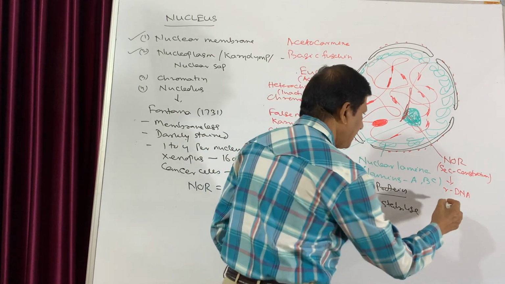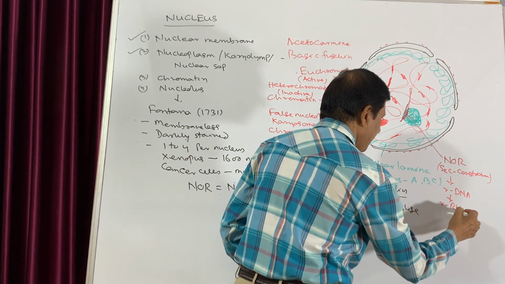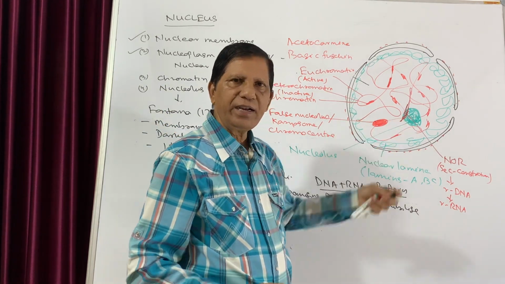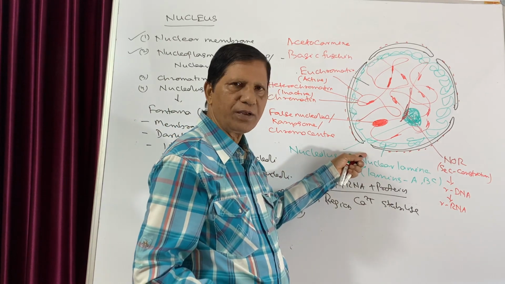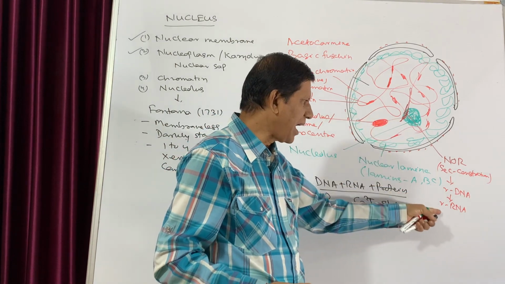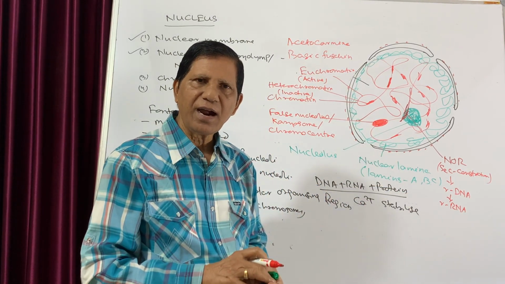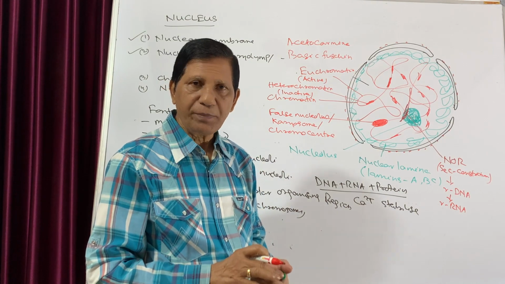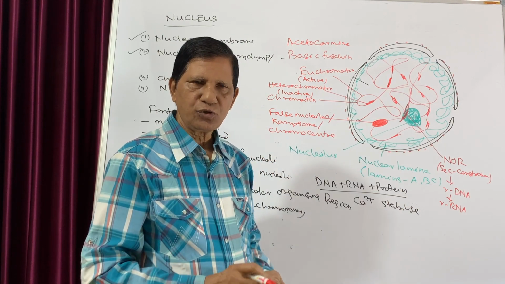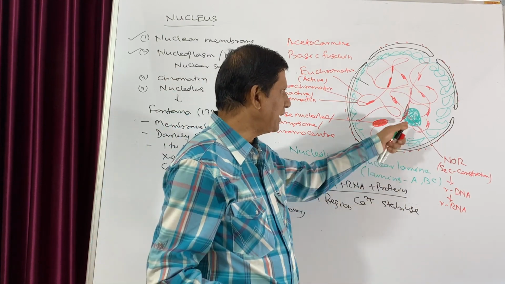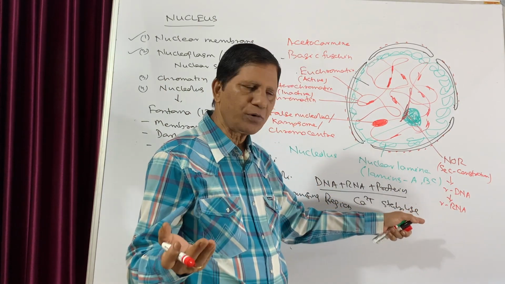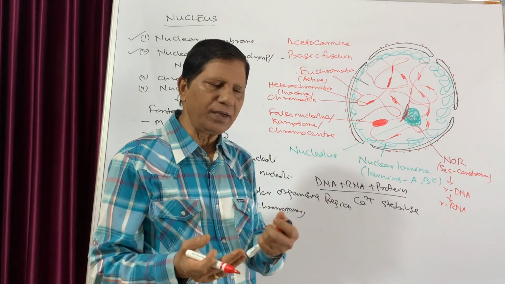and this rDNA transcribes rRNA, means ribosomal RNA. This ribosomal RNA combines with the proteins that come from the cytoplasm, ribosomal proteins. They combine together and give rise to ribosomes, because the nucleolus is the site of synthesis of ribosomes.